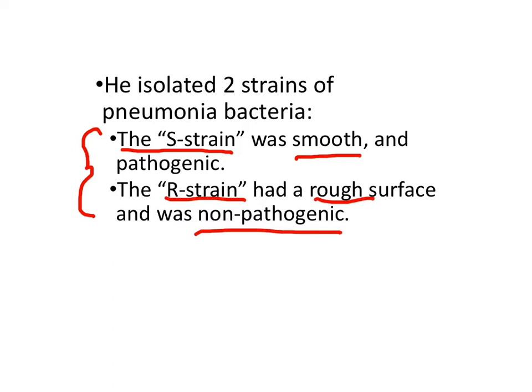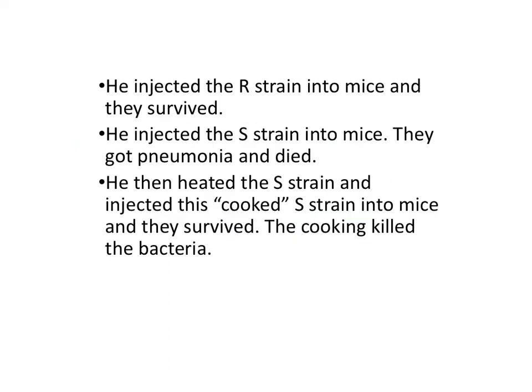It was non-pathogenic. Now here's his experiment, a very ingenious experiment. He injected the R strain into mice, and of course they survived. It didn't make them sick. He also had separate mice he injected the S strain into, and they got pneumonia and died. Then he heated the S strain. This is the one that makes mice sick.